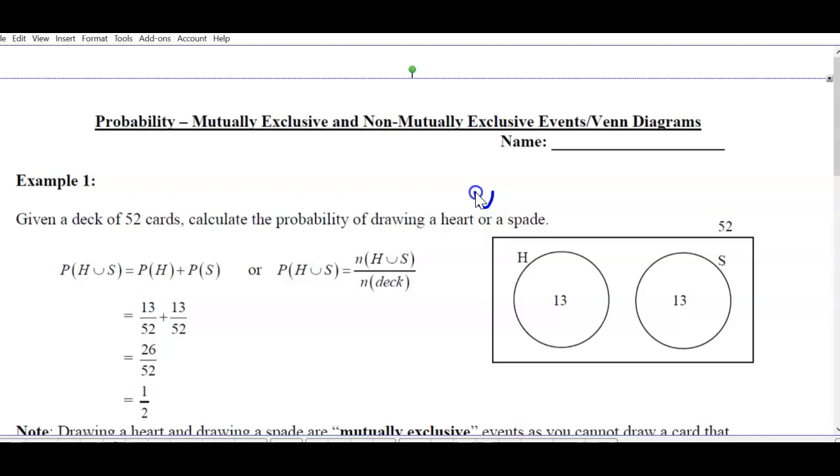You can find that N here means the number of items in that set. So the number of items that are hearts or spades is 26. The number in the deck is 52. Right? So you should go straight from there to this. Okay? In terms of work for something like this, you can just do that calculation in your head, right?